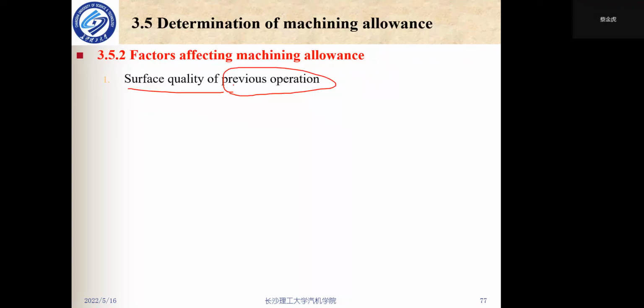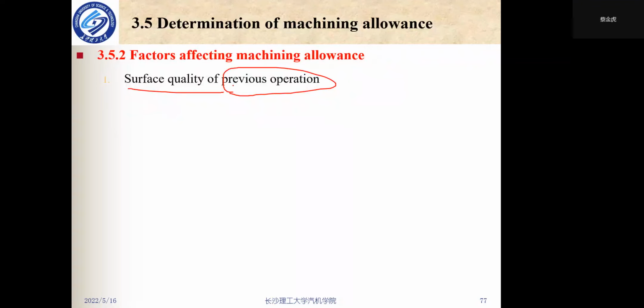The first factor is surface quality of previous operation, because the surface roughness and the defective layer left on the surface by previous operation have to be removed by the current operation. Generally speaking, it means everything left on the surface by the previous operation will be removed by the current operation.